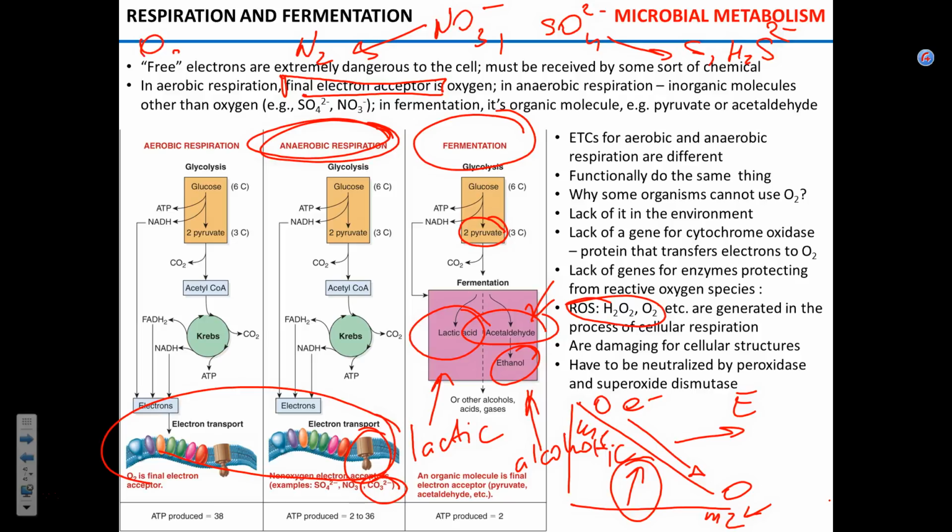Others include superoxide anion, hydroxyl radical, and a bunch of other stuff. They are very reactogenic. They destroy things in the cell.